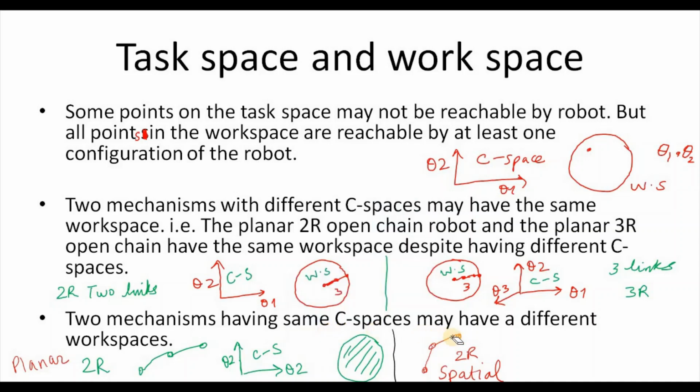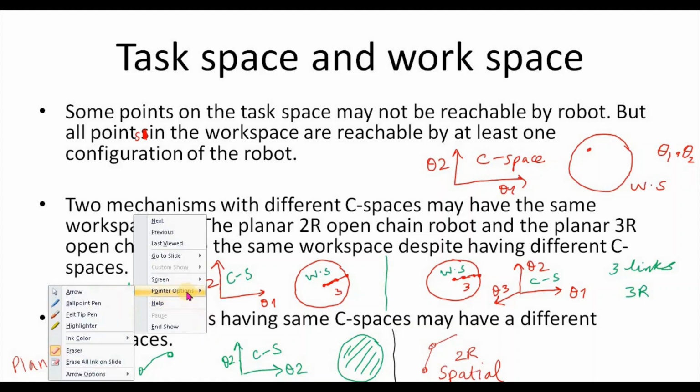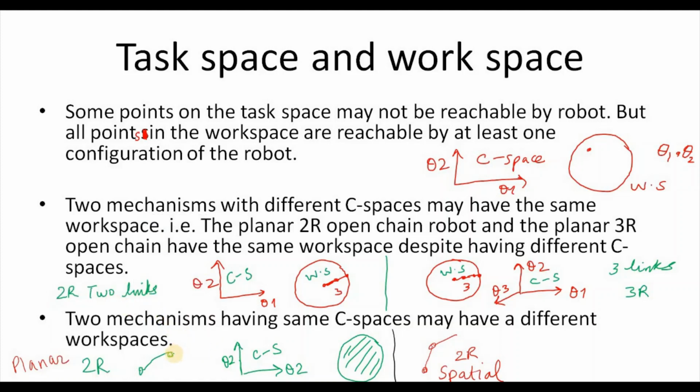Let me do one correction: we remove this one here. It looks like 2R. In this case, since it's a 3D robot having two links, its configuration space, because it's a 2R, can be represented by θ1 and θ2.